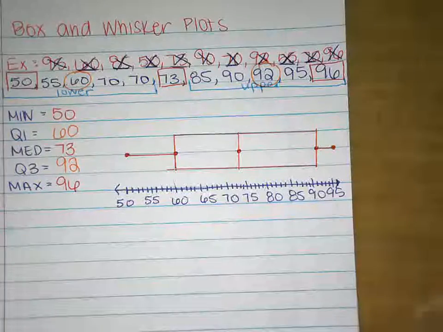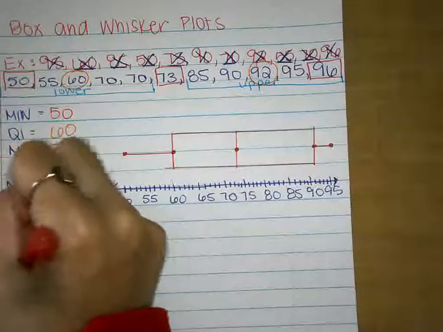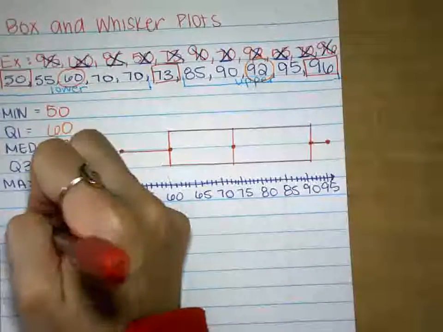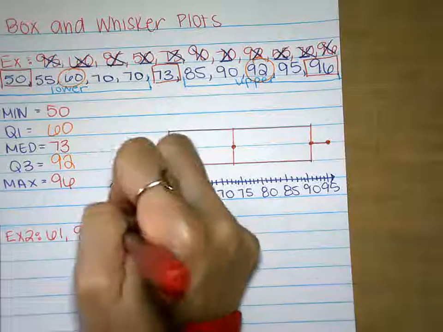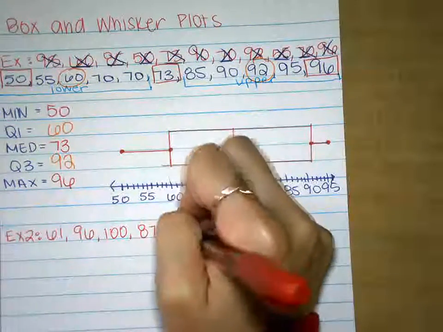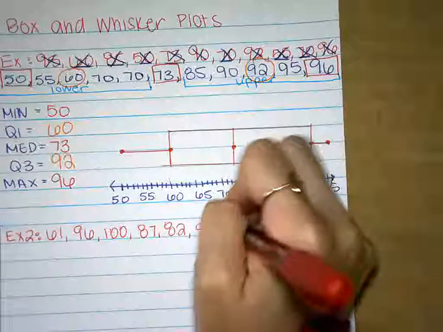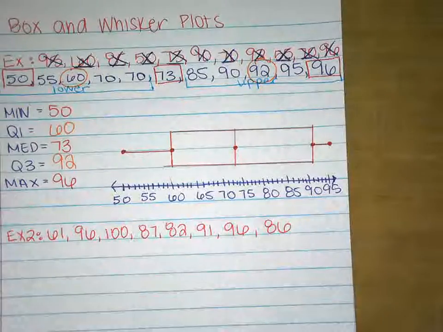But we're going to do another example because, like I said, we need practice with this. So here's example 2. Here are numbers 61, 96, 100, 87, 82, 91, 96, and 86.